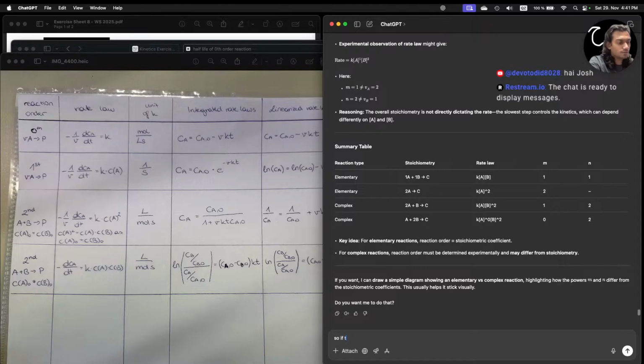So if the reaction happens in a single step, then it's with the coefficient same as m and n, same as the rate order, right?